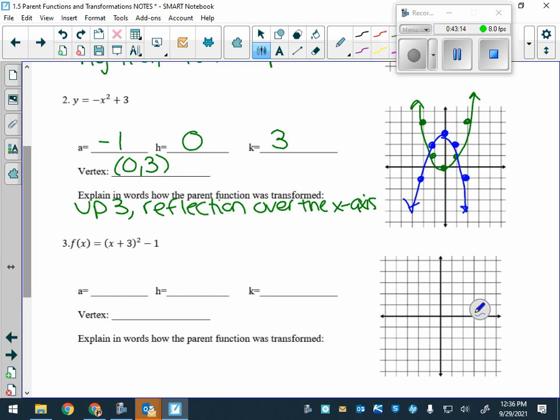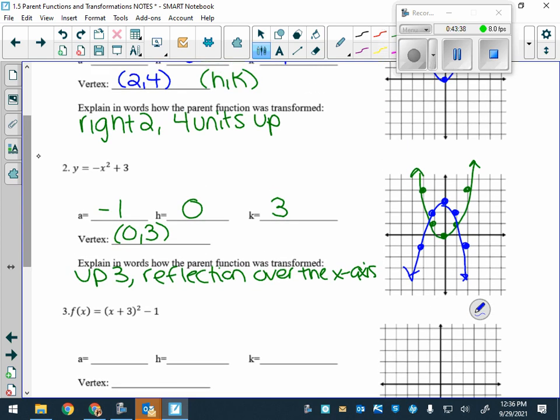Some people might ask, well, can I do this by using a table of values? Absolutely. You could plug in x values. However, if you notice from the first warm-up, we used the same x values, but we only saw one piece of the graph. So if you wanted to use a table of values, you start off with your vertex in the middle.